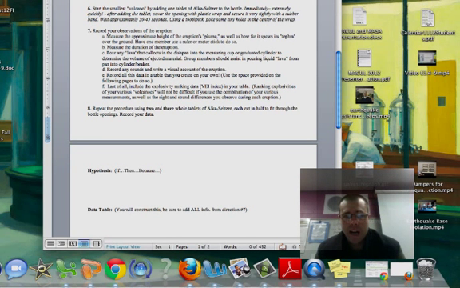C, pour any lava that collects in the dish pan into the measuring cup or graduated cylinder. I'll have some graduated cylinders to determine the volume of ejected material. Record any sounds and write a visual account of the eruption. So that's 2 different things there for D.